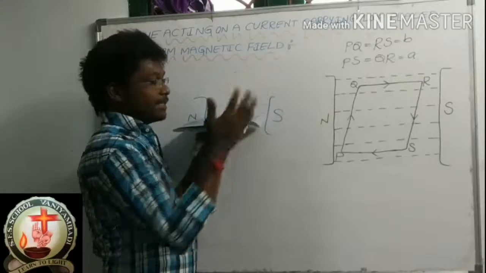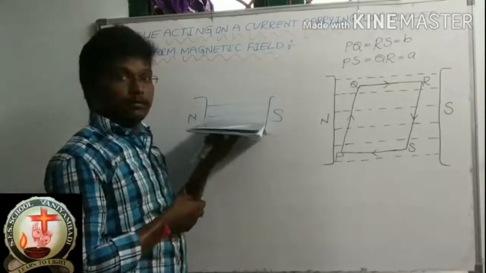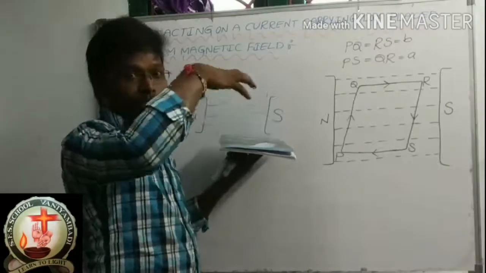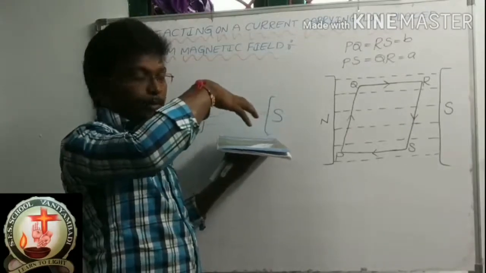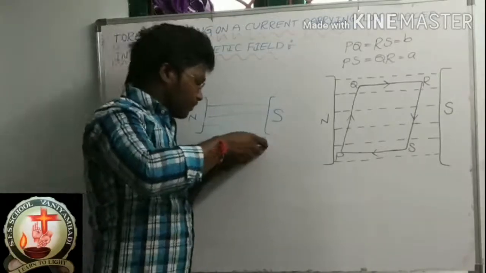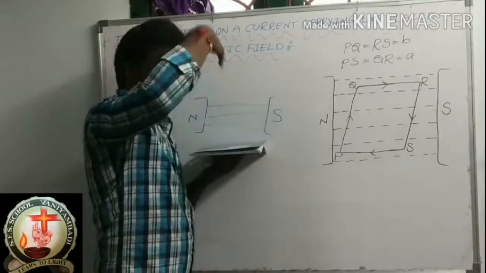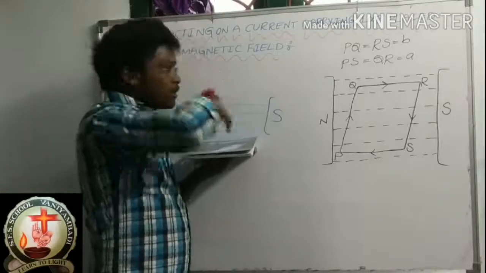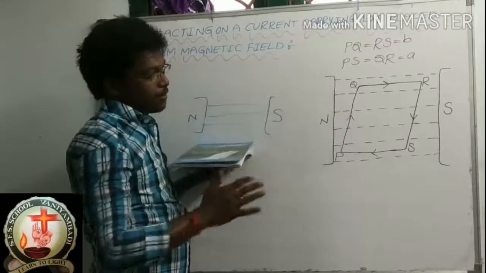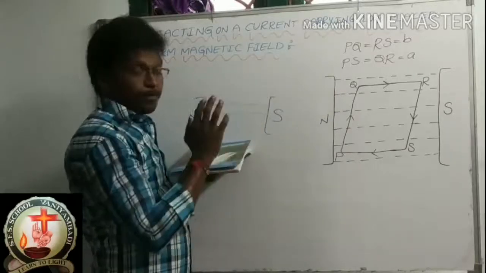I placed the loop like this. This is the top view. That means I am looking at this diagram from the top, so the diagram looks like this.